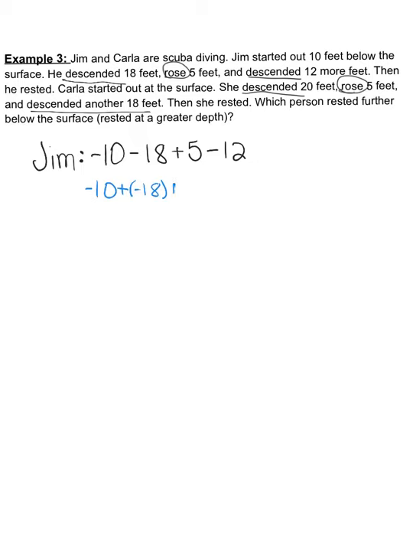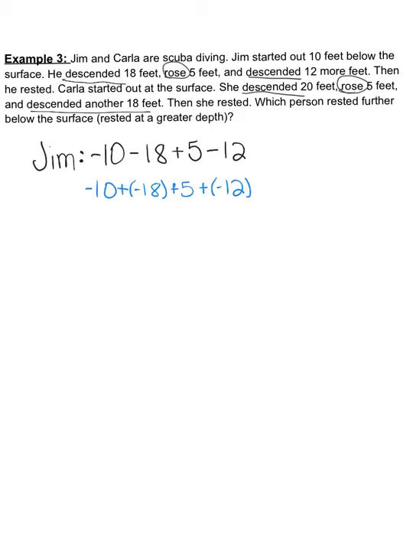And then I'm going to add my positive 5. And then I'm going to do the same with 12, where rather than subtracting 12, I'm going to add the opposite of 12, which is negative 12. So now what I have here is an expression that contains all addition, and I've either got positive integers or negative integers.